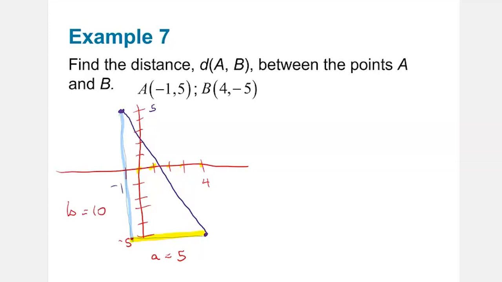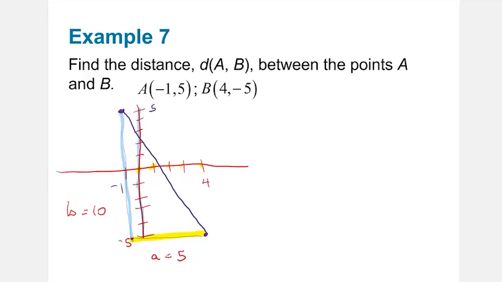You can count starting at the bottom: 1, 2, 3, 4, 5, 6, 7, 8, 9, 10, right? So I could count it, or again, I can just subtract one from the other and I'll always get the distance.